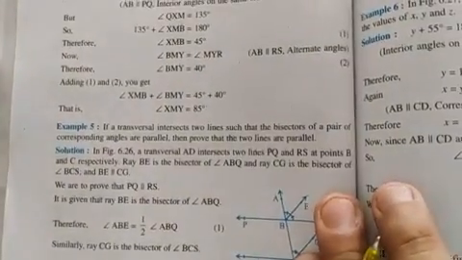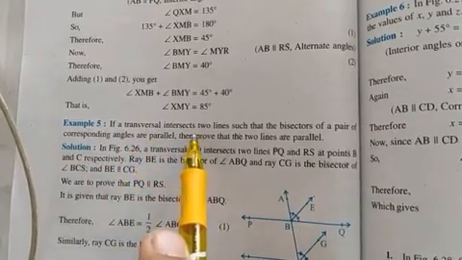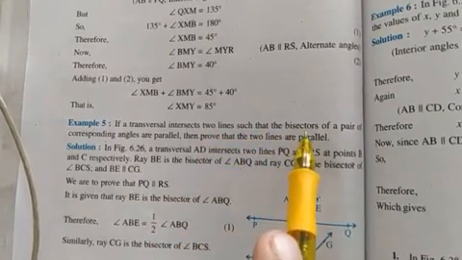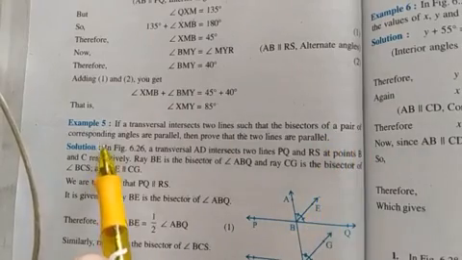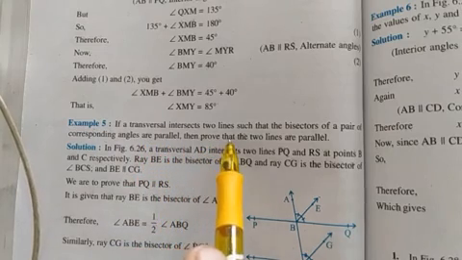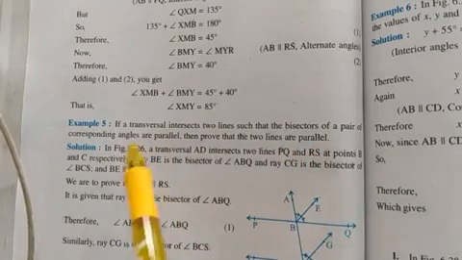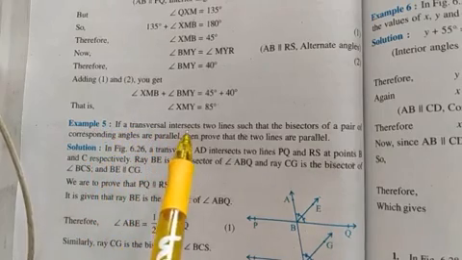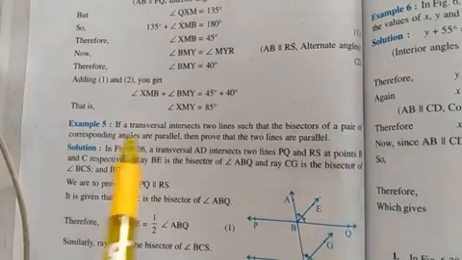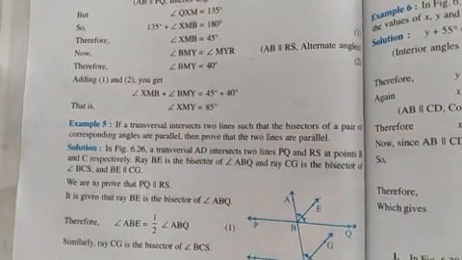It is given that if a transversal intersects two lines such that the bisectors of a pair of corresponding angles are parallel, then prove that the two lines are parallel. Listen very properly. What is the question? If a transversal intersects two lines such that the bisectors of a pair of corresponding angles are parallel, then prove that the two lines are parallel.